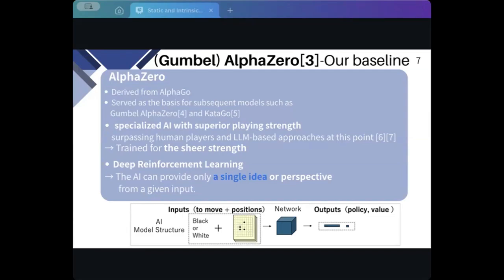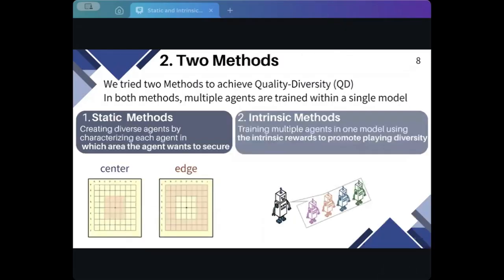This model structure means that from a given input, AlphaZero can only provide a single move or a single idea. However, in human collaboration, it is often desirable to obtain multiple ideas. Therefore, to achieve quality diversity in Go AI, we propose two methods.